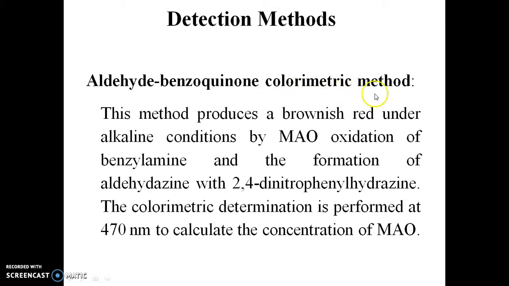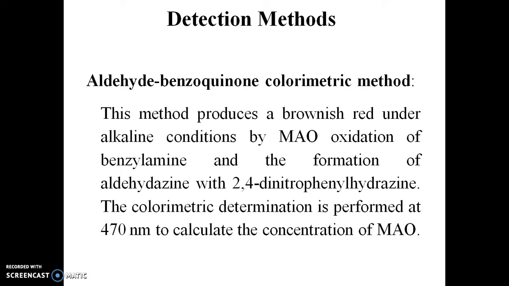This method produces a brownish red color under alkaline conditions by monoamine oxidase oxidation of benzylamine and the formation of aldehyde azine with 2,4-dinitrophenyl hydrazine. So this is the reaction.